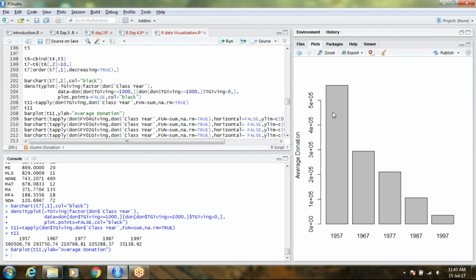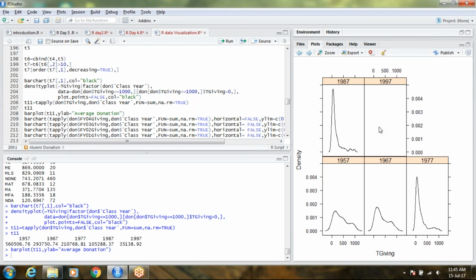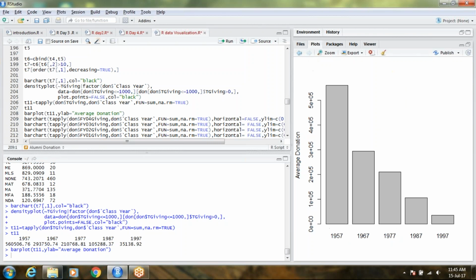On a comparative scale, the alumni of this year have made the highest contribution, and then it goes down. That's why in the previous density plot we did not see anything significant here. The first reason is that the number of students for those years was quite small, and also the donation coming from them is less significant.